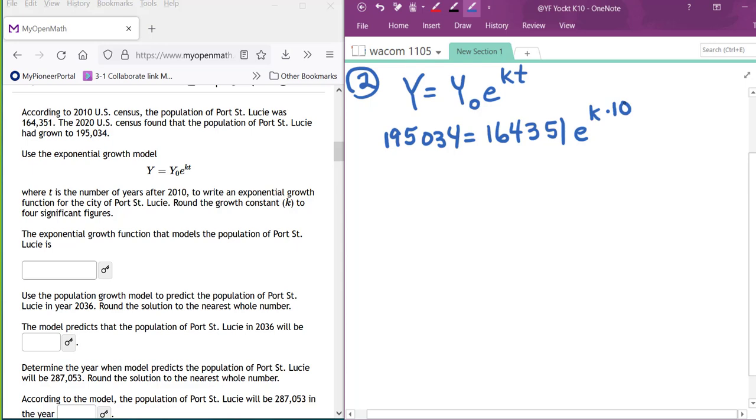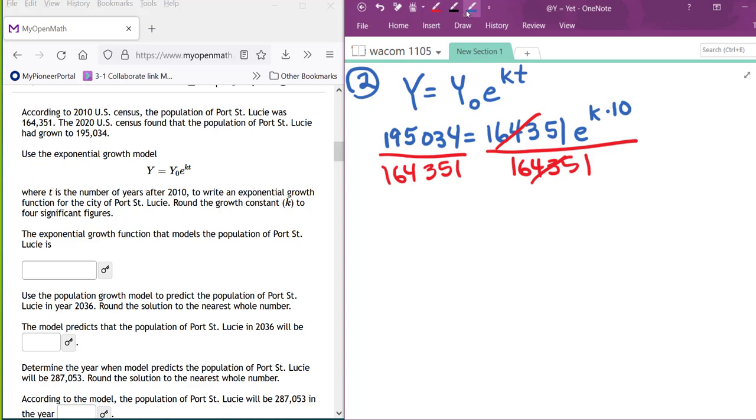Right, and so we want to solve for k, and we will divide this out and then take the logarithm. So we're going to divide by 164,351. And again, because we know our next step is take the logarithm, I think we'll wait and not actually divide it out so we don't have to write so many numbers.